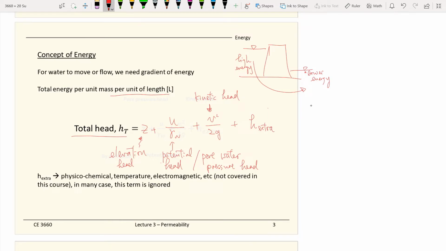The extra head, for example, can be chemical terms, temperature terms, or electromagnetic terms. Those are much more complicated and out of the scope of this class. In fact, those extra terms, compared with the elevation and potential heads, are insignificant. So for our geotechnical applications, we can assume these terms to be zero.